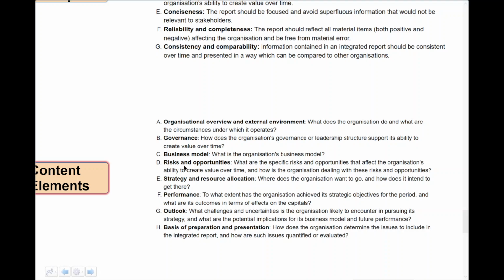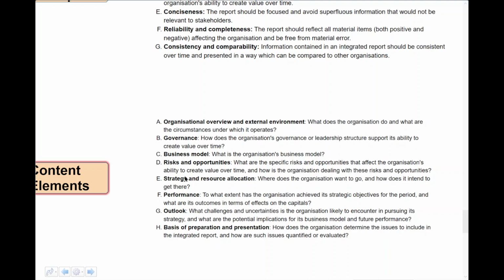Risks and opportunities, we know how risks affect a business, and generally speaking, in terms of risk reporting, more often than not, we're looking at downside risks. We're talking about specific risks that can really harm the business or opportunities perhaps in the environment to create more value over time. How is the business dealing with these risks and opportunities?